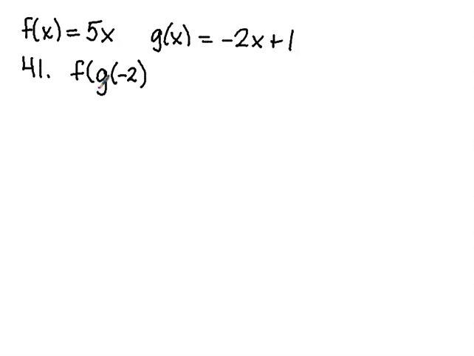We start with the inside. So what I need to do is find what g of negative 2 equals. So I'm going to plug negative 2 in here. Negative 2 times negative 2 is 4. So g of negative 2 is 5.